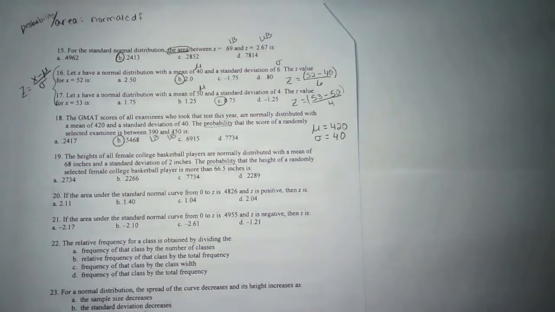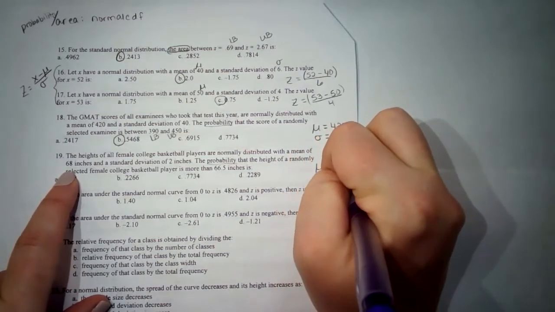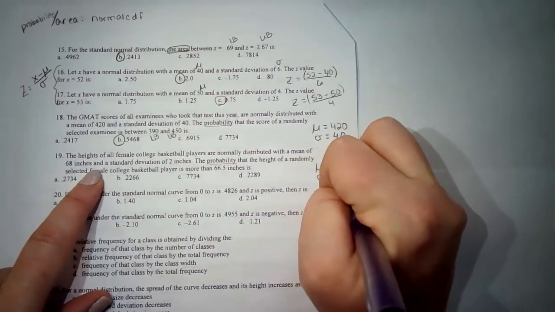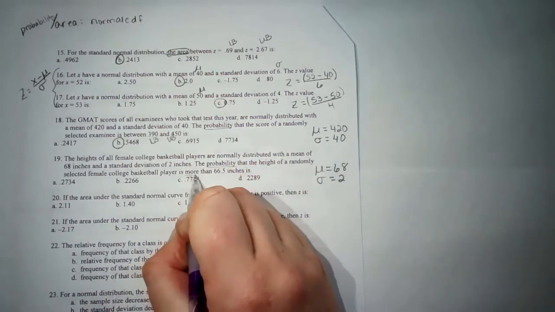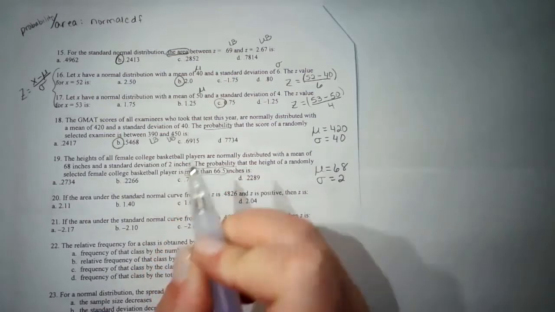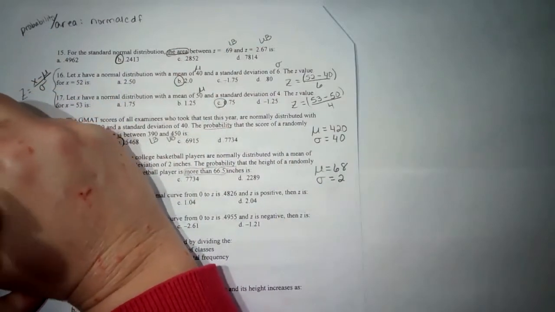Number 19. The heights of all female college basketball players are normally distributed with a mean of 68 inches and a standard deviation of 2. The probability, so normal CDF, that the height of a randomly selected female college basketball player is more than 66.5 inches. You have to be careful here. We need a lower bound and we need an upper bound.